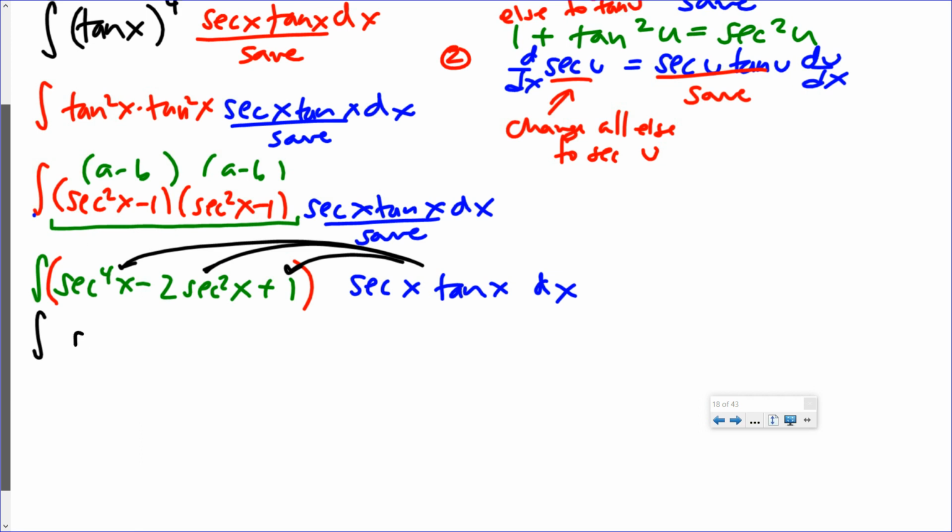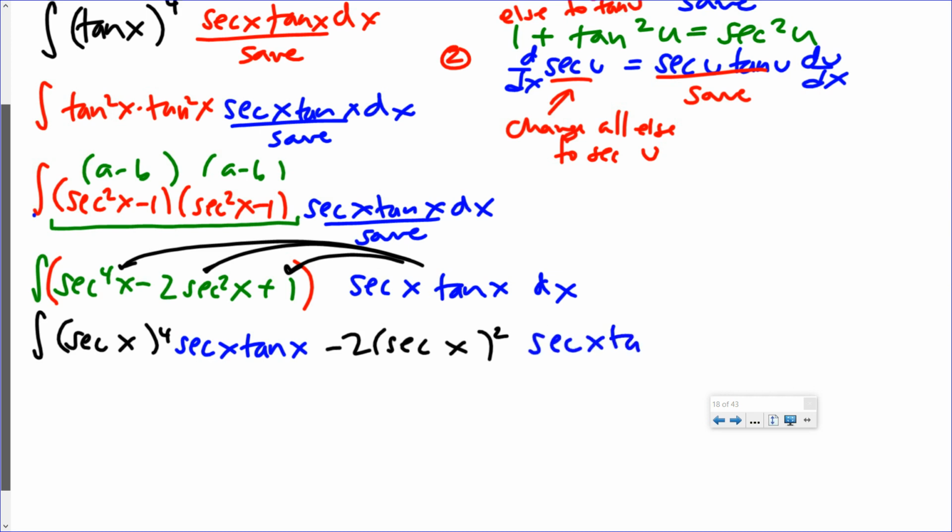Okay, so all I'm going to do is this secant x4, I'm going to keep it. This secant x tangent x, I'm going to keep that also. And I'm just going to set it right next to this. That's the first term right there. The second term, I'm going to multiply this by the second term. It'll be minus 2 secant x. Now there's two secant x's. And I'm going to multiply that by secant x tangent x. And don't combine these two secants.